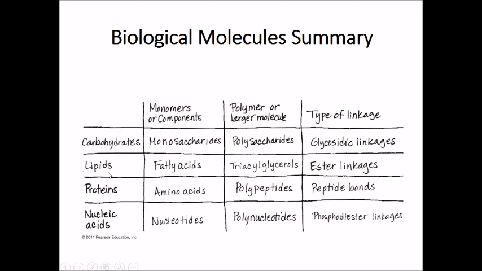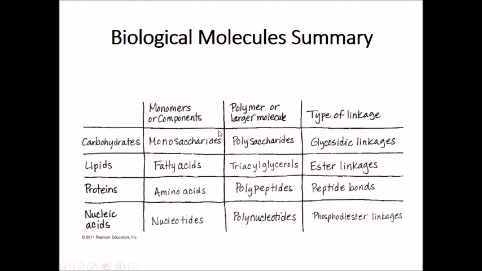Lipids do not have a polymer, but they do form a larger molecule known as triacylglycerol or triglyceride. And then the polymer of protein is polypeptide, and the polymer of nucleic acid is polynucleotide.